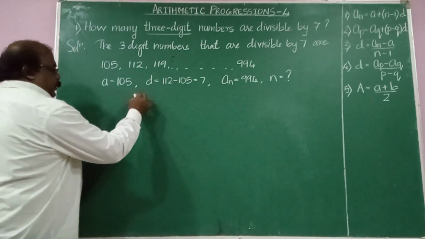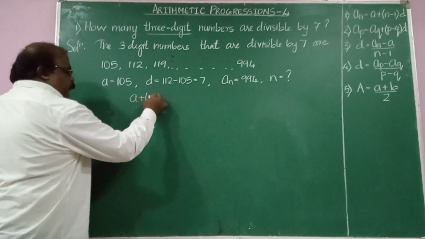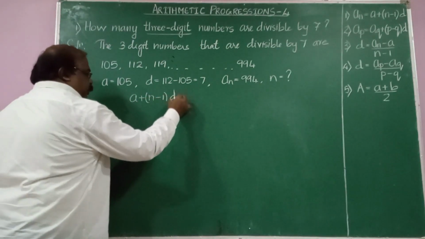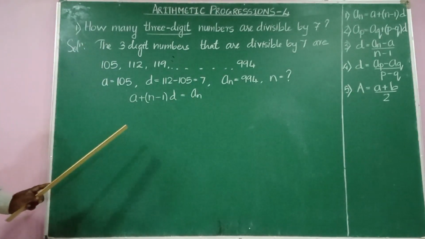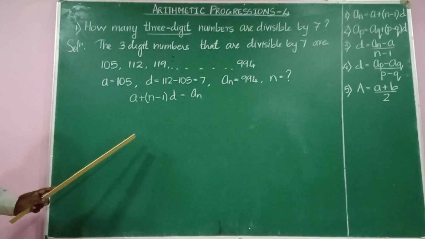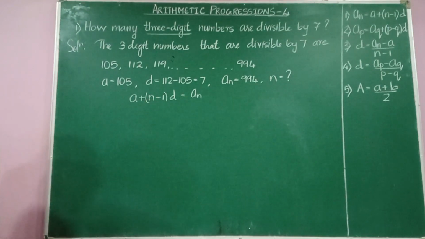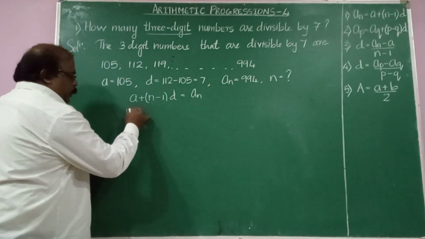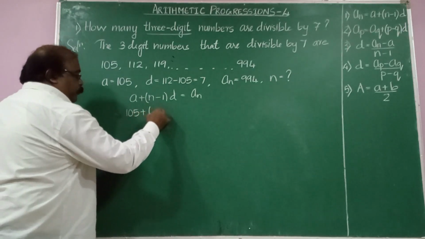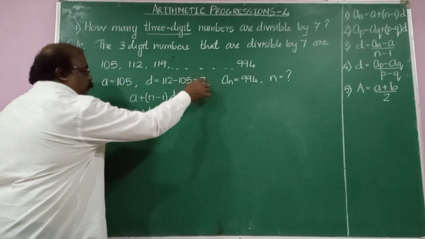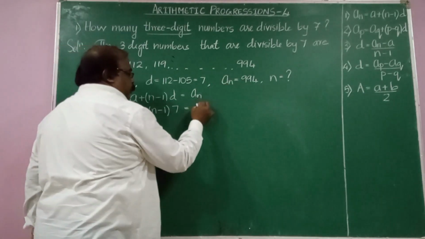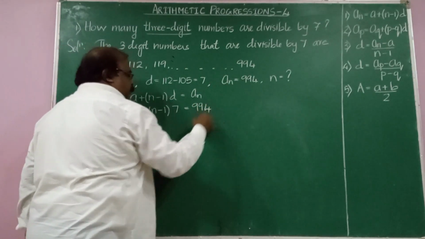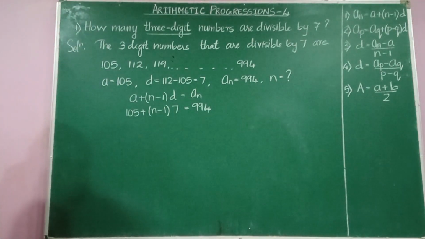We know that a plus n minus 1 into d is equal to an. What is a? 105 plus n minus 1 into d, which is 7, and the nth term is 994.